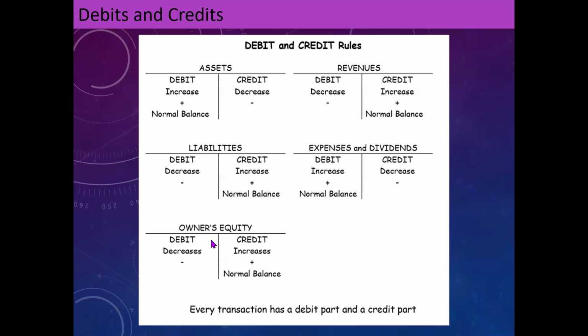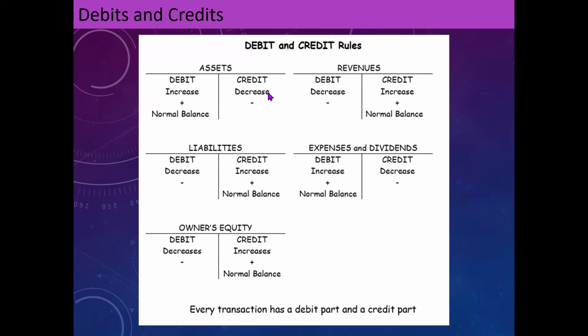So we always have to have both a debit and a credit entry in all transactions, and those have to equal each other. We have to have the same amount of debits as we have credits. So every transaction has a debit part and a credit part. And we just sort of have to memorize these rules in the beginning.